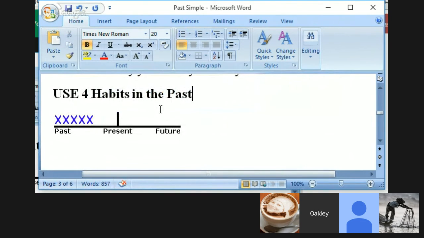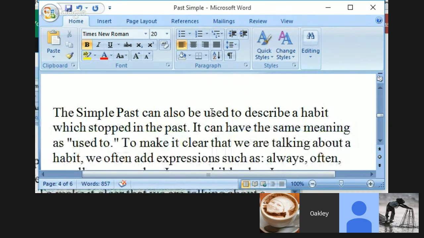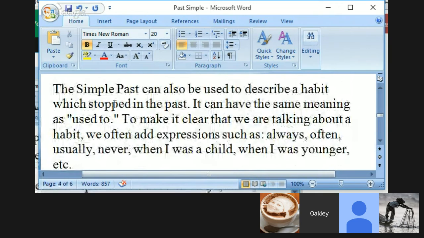Well, on to yet another function of past simple: to talk about habits in the past. Okay. Now, all right, it can be used to describe a habit which stopped in the past, having the same meaning as used to, but I'll tell you right now, used to is not a verb tense, but it might as well be because it is greatly used by English speakers.